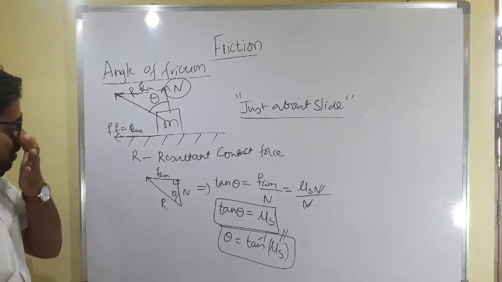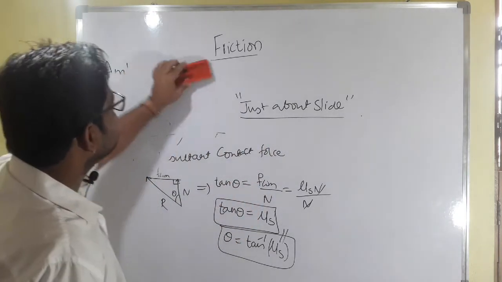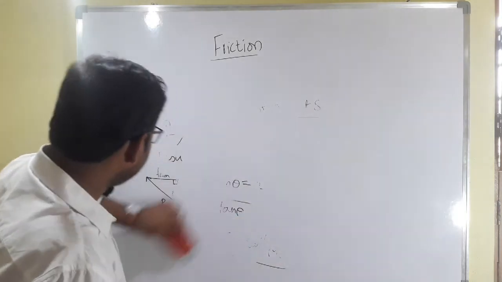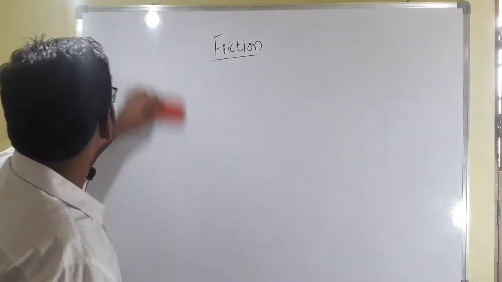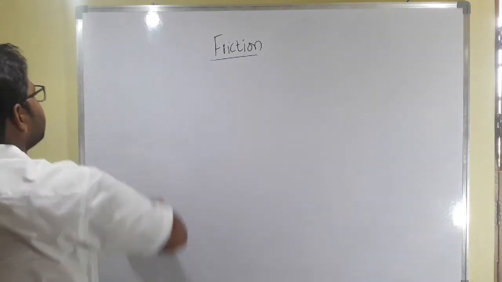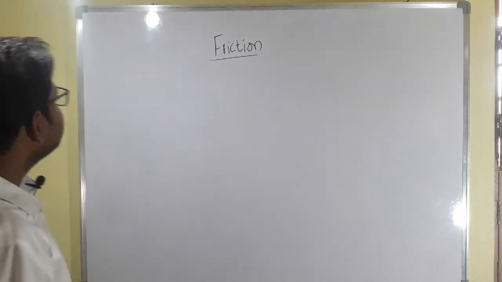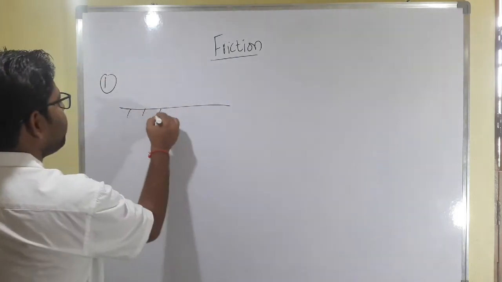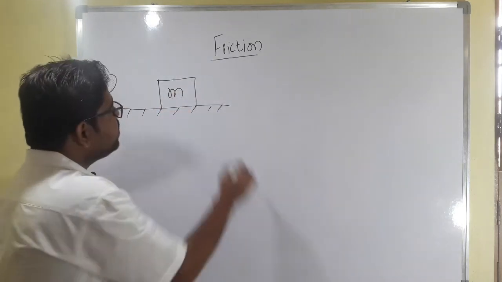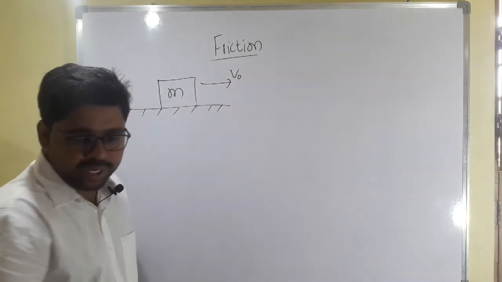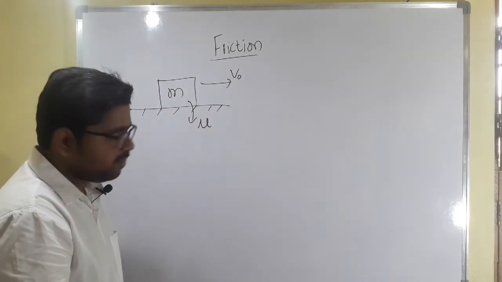Now, let's see some numericals on this. Let's consider a body of mass m, moving with initial velocity v naught, and there is friction, the coefficient of friction given as mu.